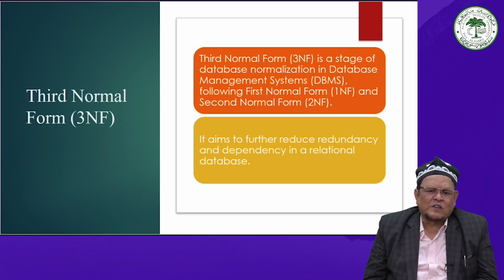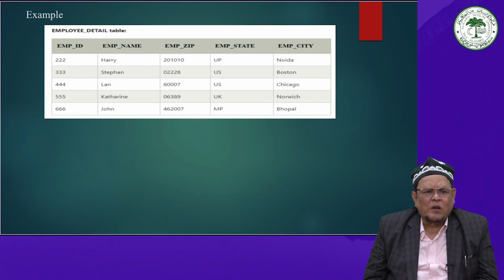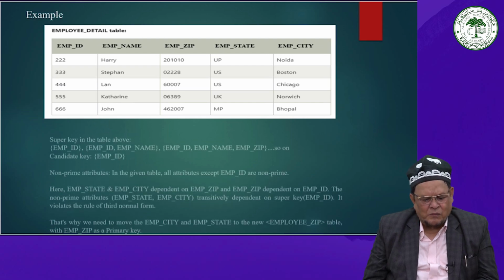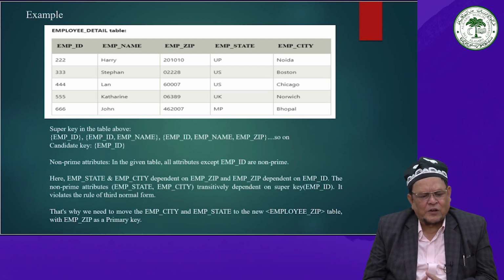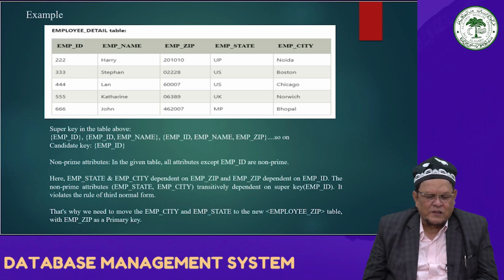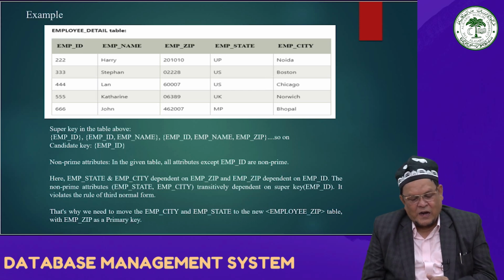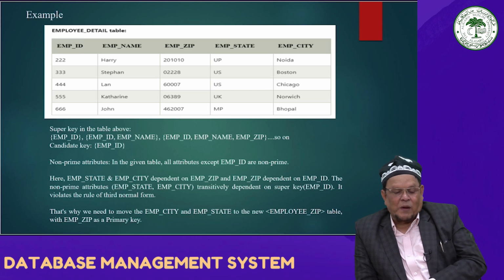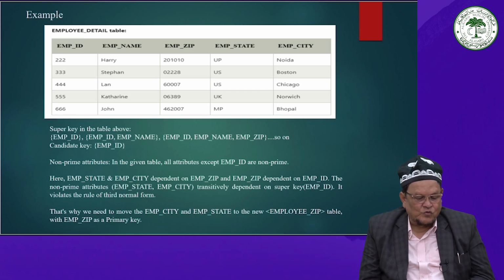You can see on the screen a very good example. I will explain by this example. Here I have taken one example of employee detail. The attributes are employee ID, employee name, employee zip, employee state, and employee city. So here the super keys in the table are employee ID; employee ID and employee name; employee ID, employee name, and employee zip, and so on.